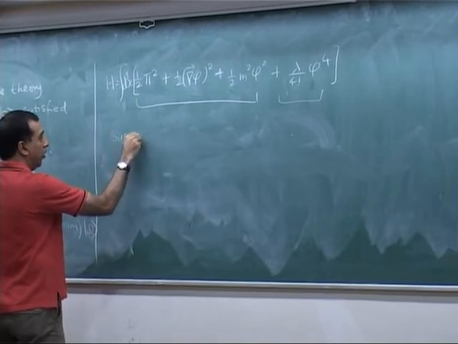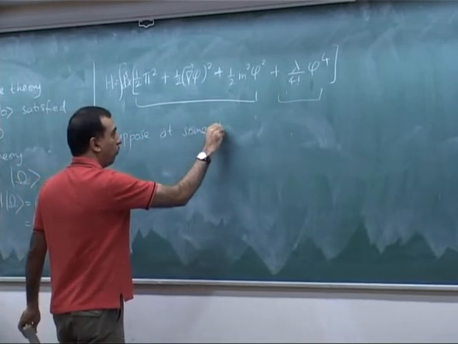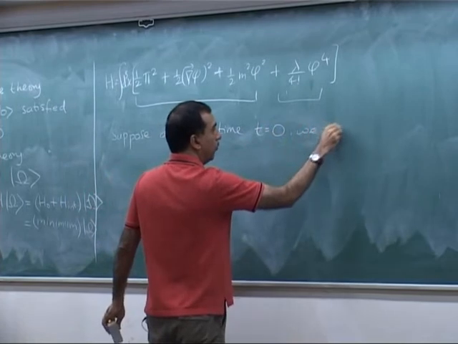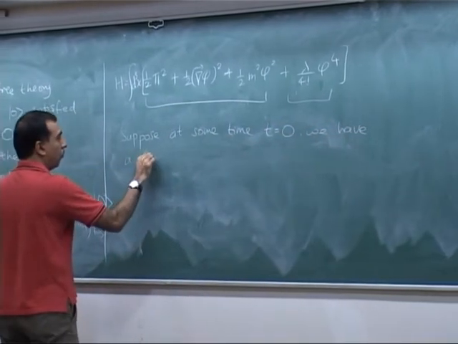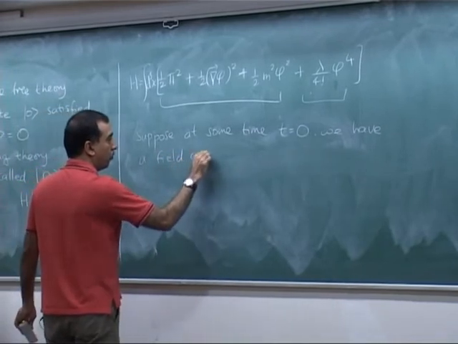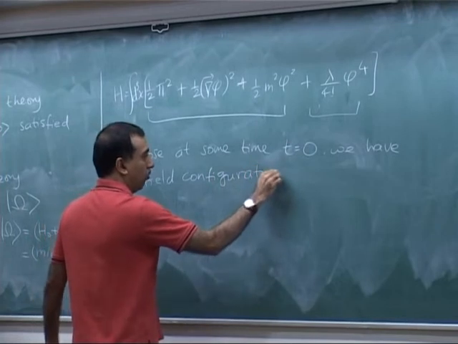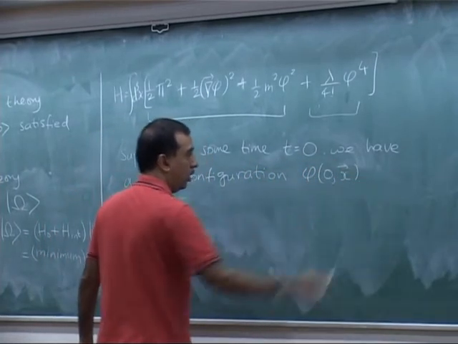Suppose at some time t equals 0, we have a field configuration phi of 0 and x.